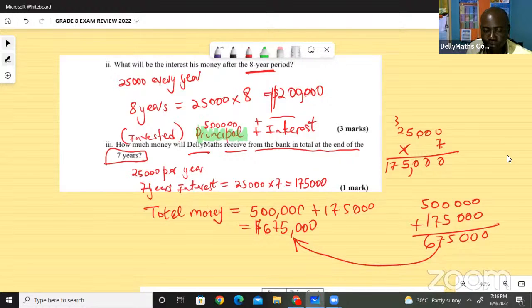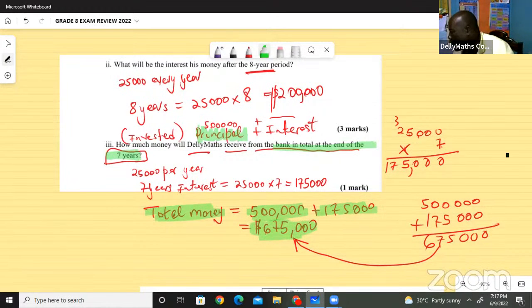Total money, as I'm referring to it here, is what the bank would give you at the end of 7 years. You're going to get back your money plus the interest that the money earned, all together. So the ideas are not too big. Think about them, put it together, and you're good.